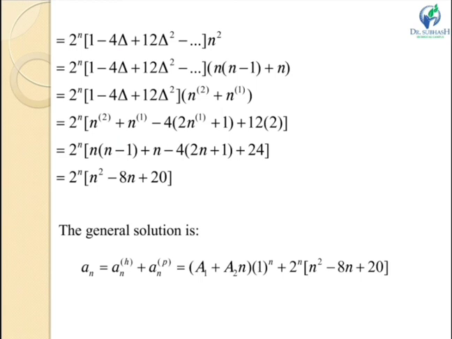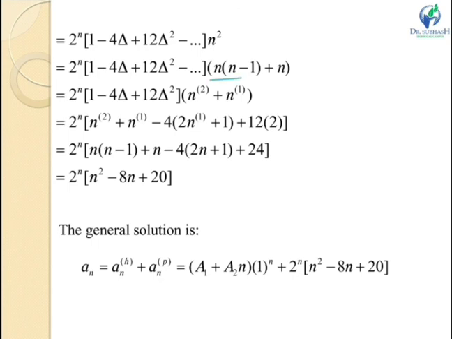Now taking it to the numerator part and opening the whole bracket by binomial theorem, we get 1 minus 4 delta plus 12 delta square and so on, into n square. Now this n square can be written as n into n minus 1 plus n. This 2 raised to n will be as it is till the end. Now I will multiply this with the bracket.